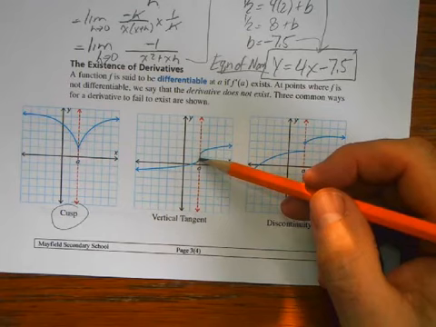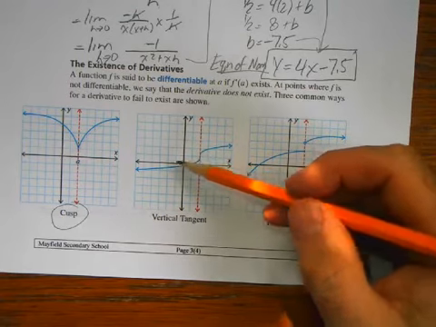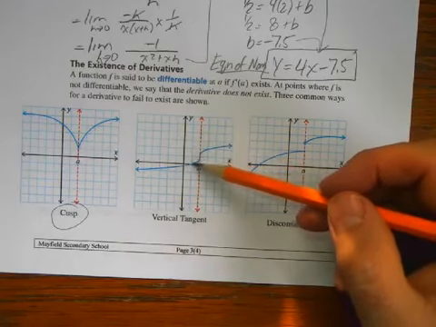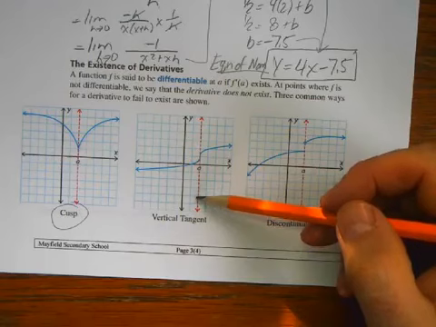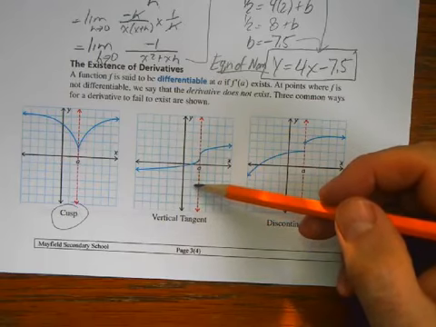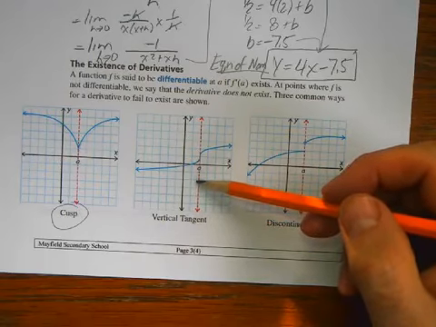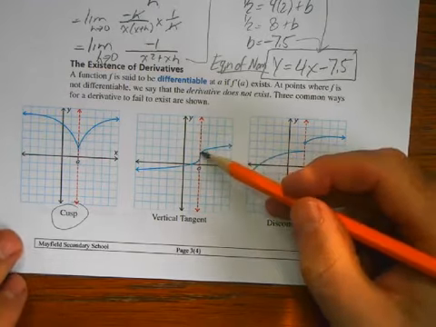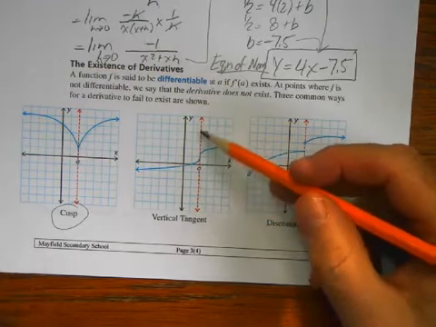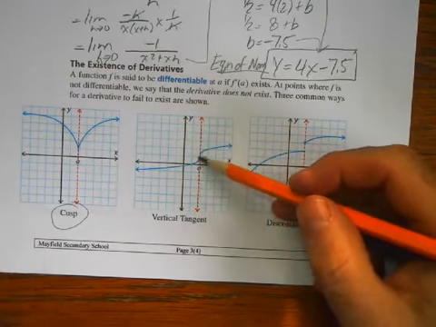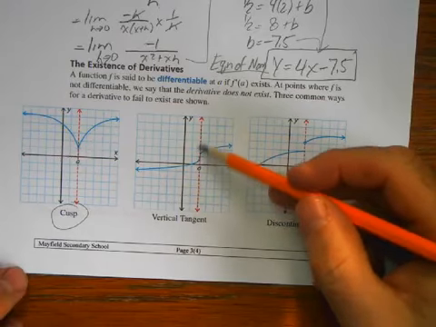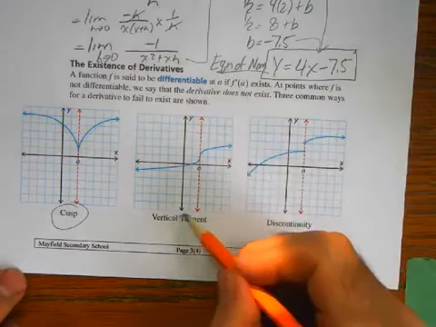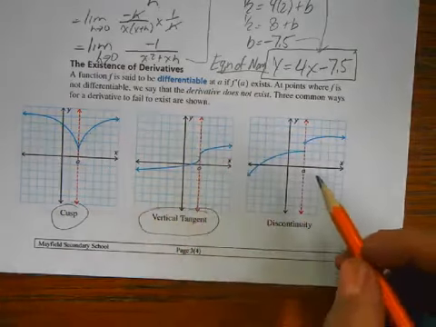For a vertical line, you can't find the slope of the tangent. It doesn't exist. And because of that, if the tangent is a vertical line, by association the derivative does not exist. So this is called a vertical tangent. The derivative doesn't exist at a point where you have a vertical tangent.